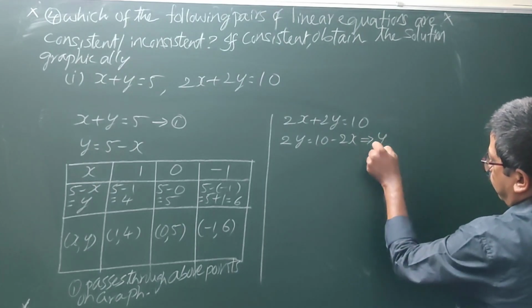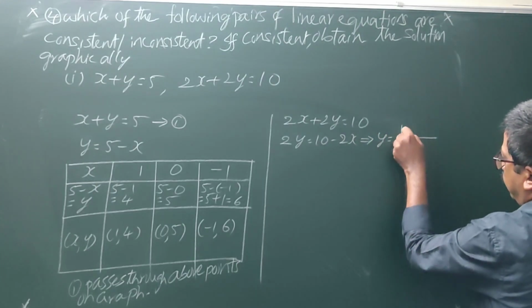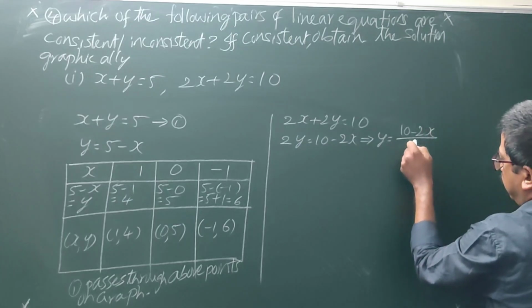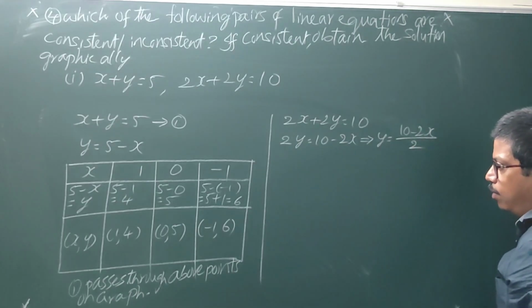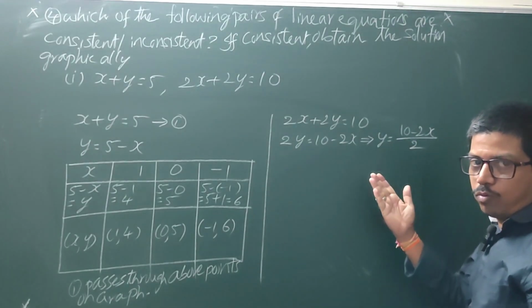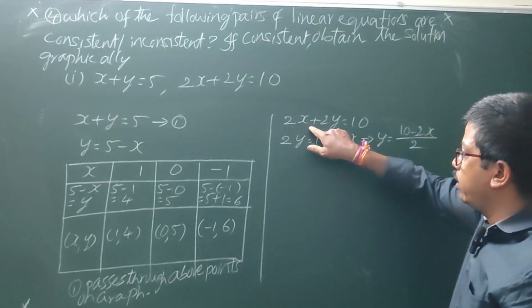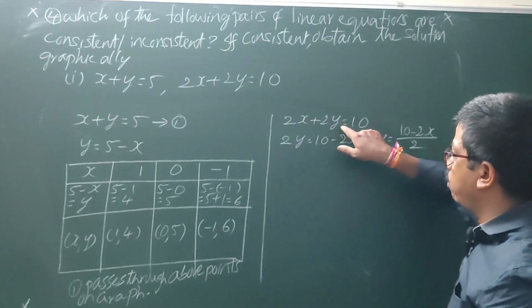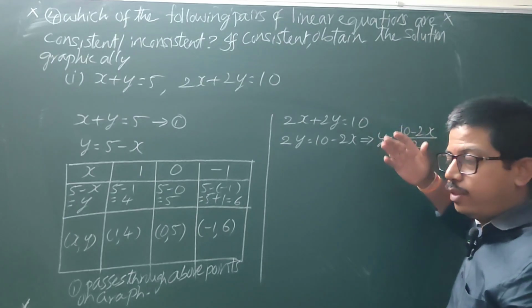Implies y equal to 10 minus 2x by 2. I'm just taking points to show you. You can take out 2 of x plus y equal to 10, x plus y equal to 5. Like that you can proceed.